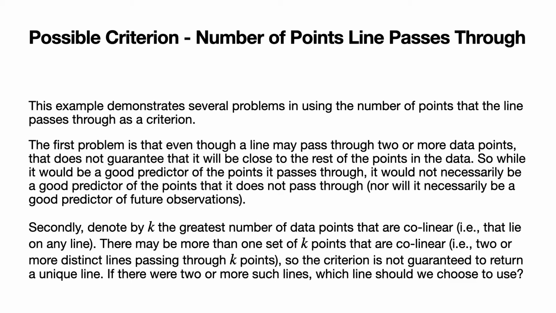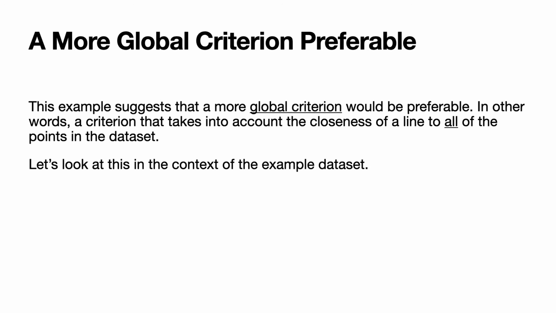And if there were 2 or more lines going through K data points, which line would we choose to use? So this example suggests that a more global criterion would be preferable. In other words, a criterion that takes into account the closeness of a line to all of the points in the data set.